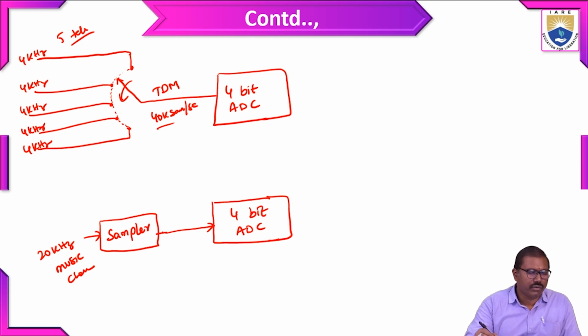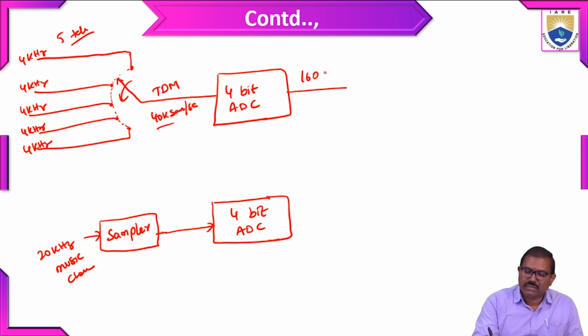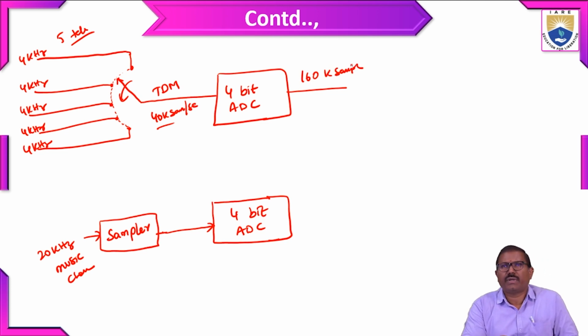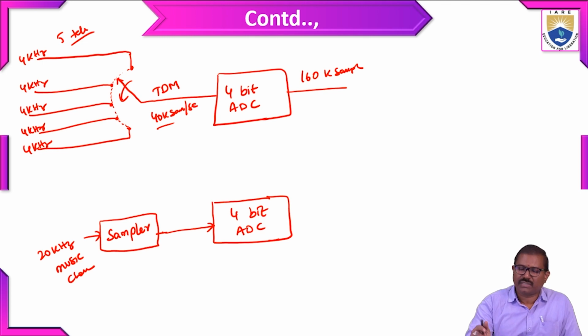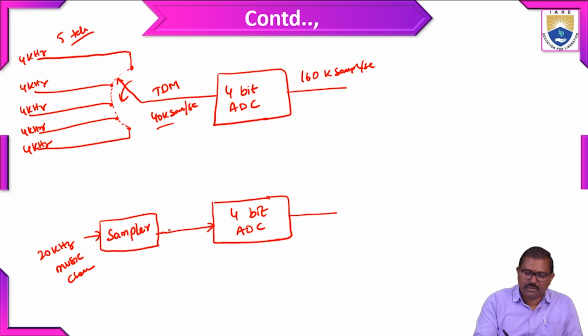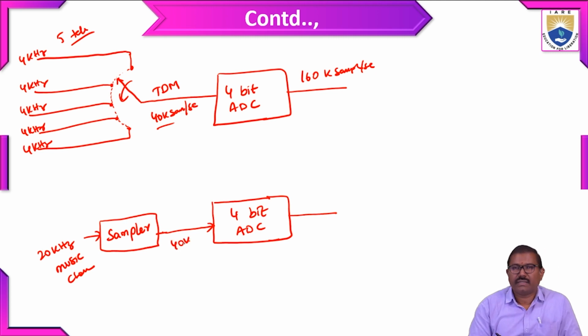So 40 into 4. So how many do we get here? 160 kilo samples. Here 40k is applied to the 4-bit ADC, so the output is 160 kilo samples per second. Okay, and next from here, this also Fs is 40k, so again 40k into 4 bit.